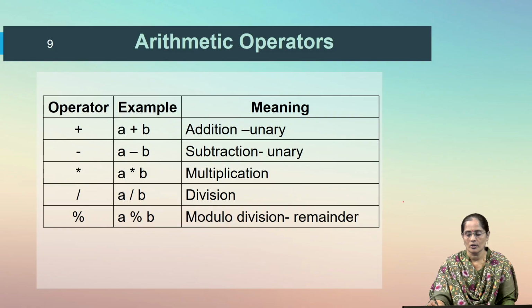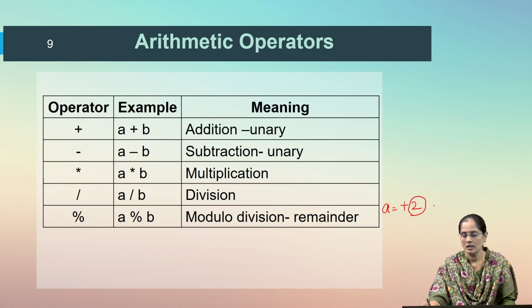The addition operator can be used as both unary as well as binary, in the sense that if we want to represent a positive value like plus 3, say a equal to plus 3, in this case we are using only one operand as input, but we are making it positive.